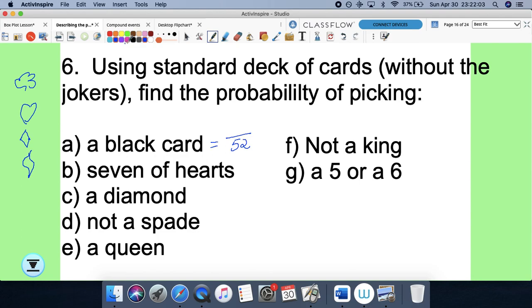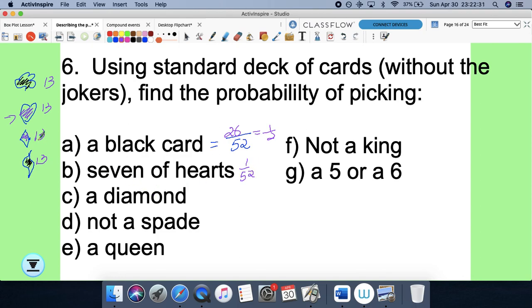This one is black, this one is black, this one is red. So there's 52, and black cards, there's 26, because there's 13, 13, 13, 13. Probability of getting black cards, 26 out of 52. What about the 7 of hearts? Well, there's only one 7 of hearts, so it's 1 out of 52.